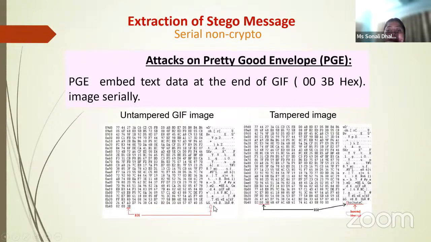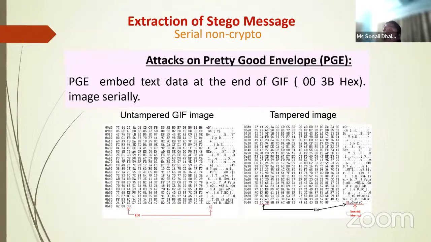The same image tampered with some message shows 003B, and after the end of file some information is hidden. This information is nothing but the ASCII of Kolkata, followed by C, Kolkata C.